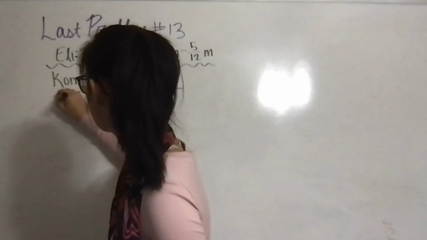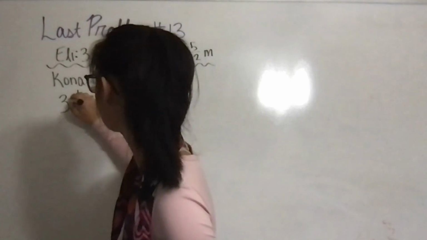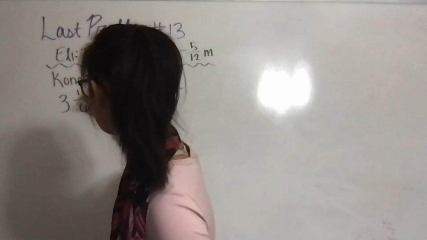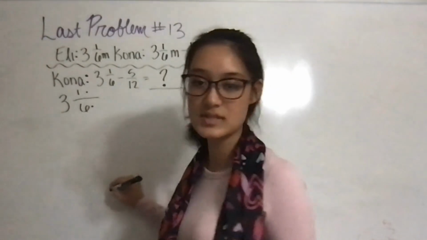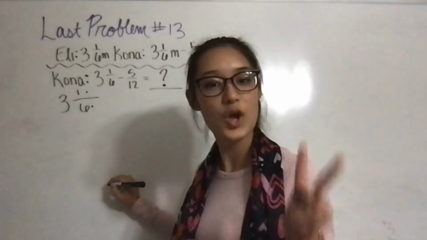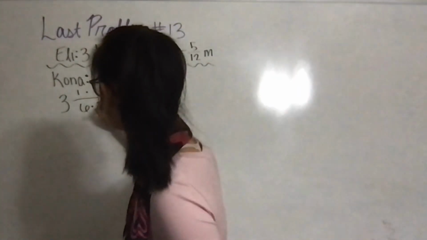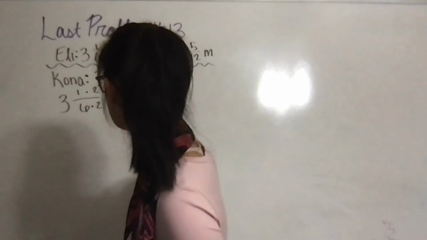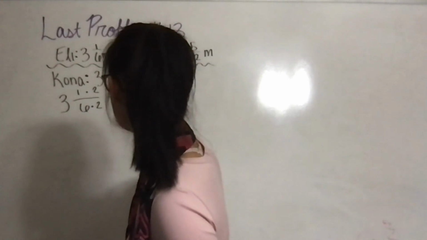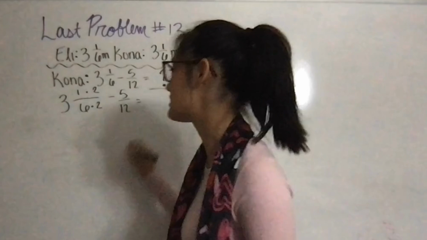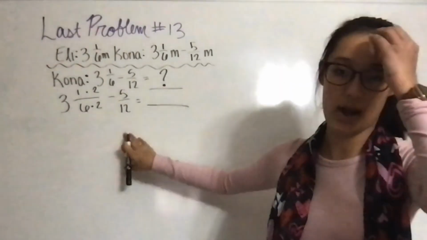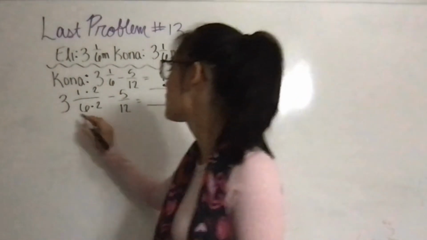So this will be 3. How many times does 6 go into 12? 2 times. So this will be 6 times 2, and 1 times 2. Minus 5/12, that stays the same because it still has the right common denominator.